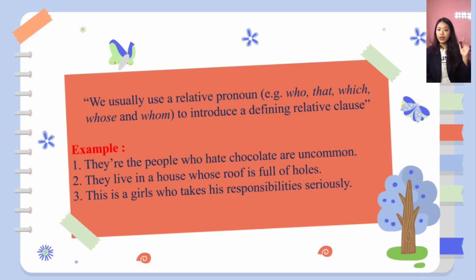So I made 3 examples here. First, they are the people who hate chocolate are on command. Here the defining relative clause starts with who, because we use a relative pronoun to introduce a defining relative clause. So the defining relative clause here is who hate chocolate. Next, they live in a house whose roof is full of holes.